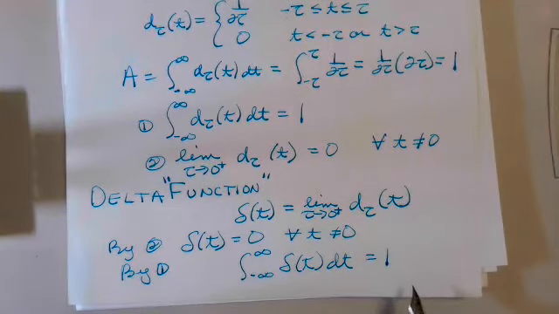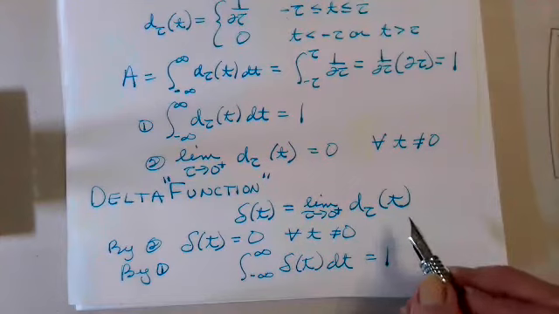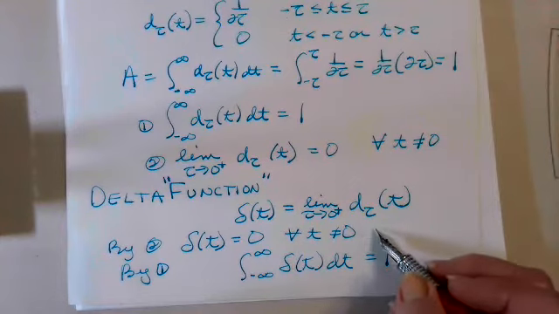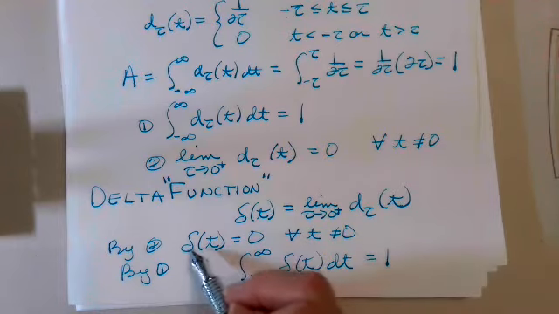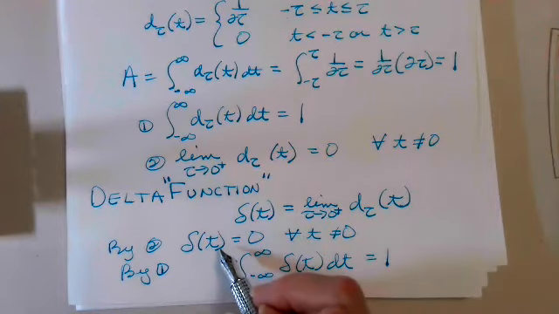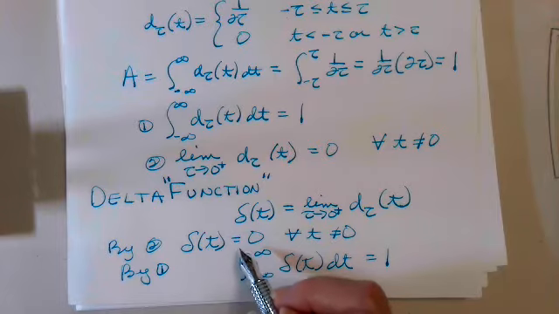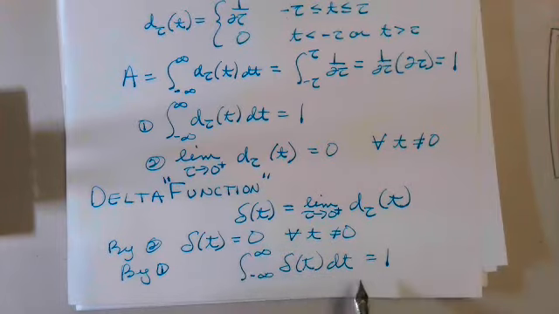You see this can't be a bona fide function, because delta of t is 0 everywhere except possibly at one point. Yet when you integrate it, you don't get 0, you get 1.